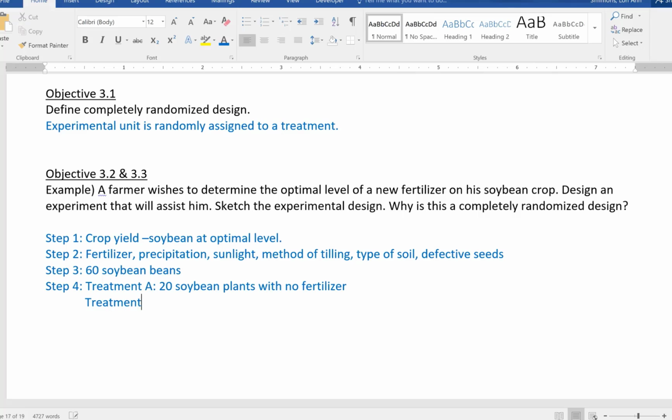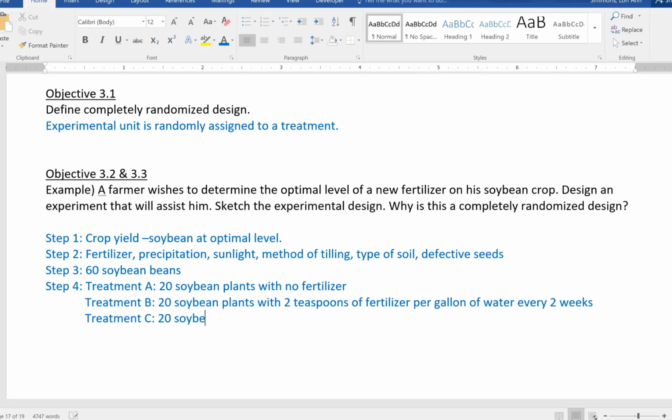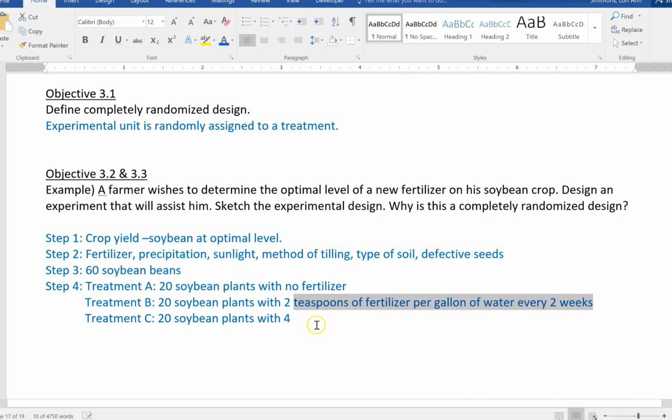Treatment B, 20 soybean plants with 2 teaspoons of fertilizer per gallon of water every 2 weeks. And treatment C, 20 soybean plants with 4 teaspoons of fertilizer per gallon every 2 weeks.